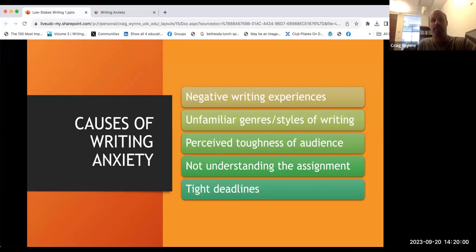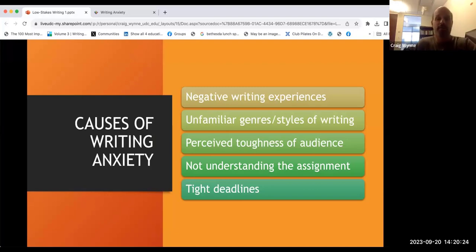A lot of students have actually had some pretty destructive comments given toward them, and I always ask students about this when we get to peer review, when we ask them about comments they've received. So those kinds of experiences can really put students off from writing and cause that anxiety.